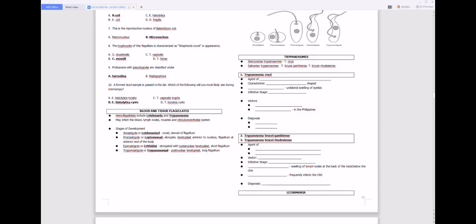So, Trypanosoma cruzi is the agent of, na-discuss na natin to kanina, it is the agent of Chagas disease and American trypanosomiasis. So, Chagas disease and American trypanosomiasis.